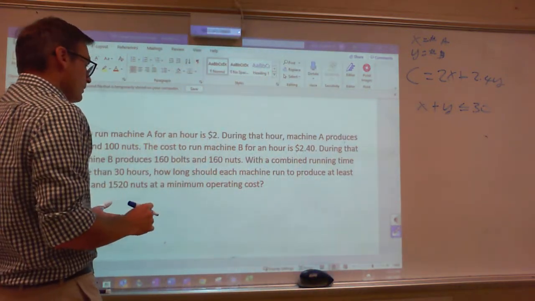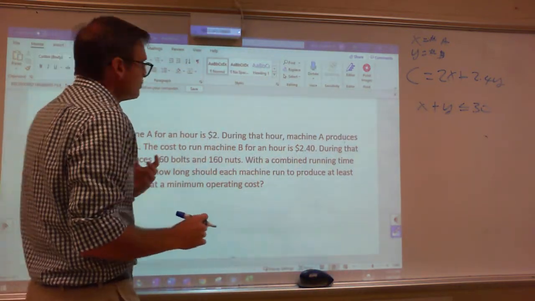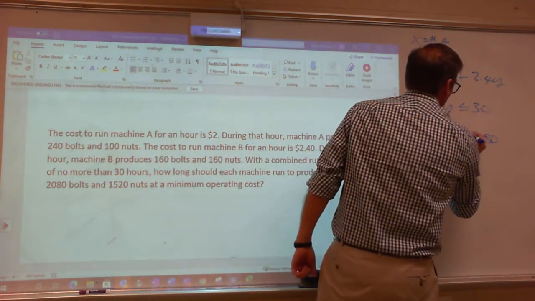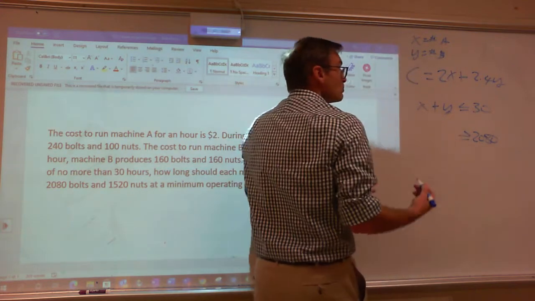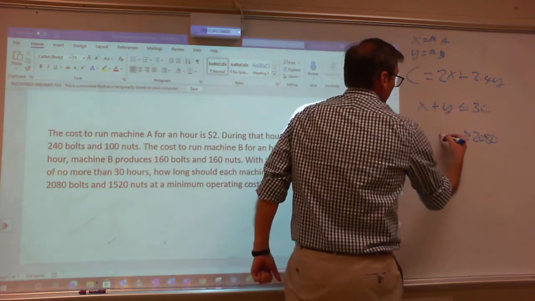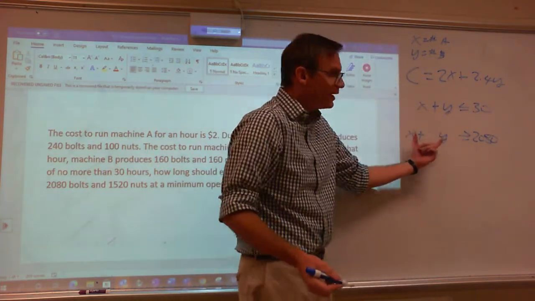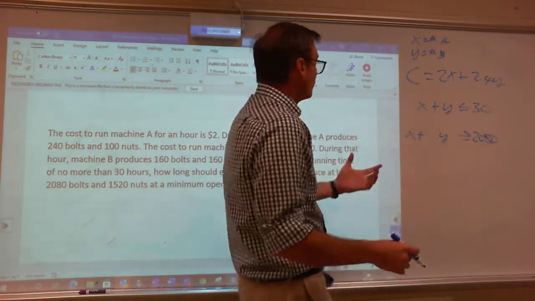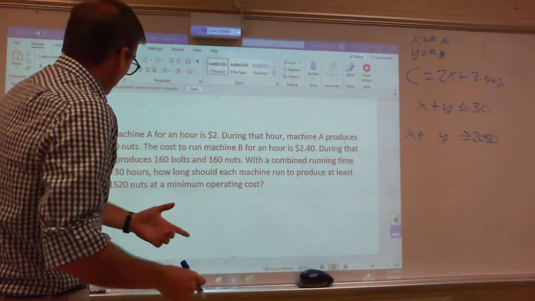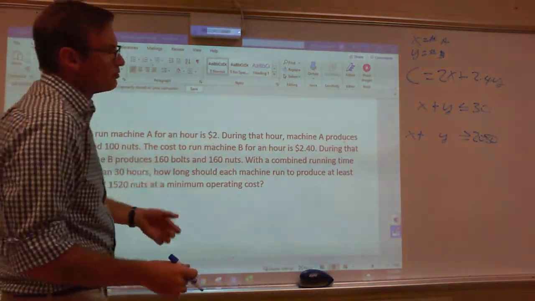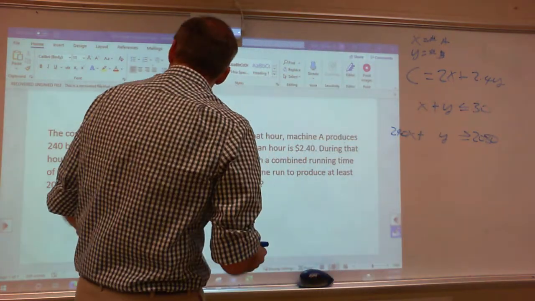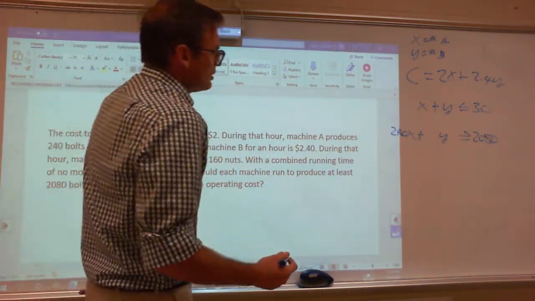I need to make at least 2080 bolts, so I'll put 2080. And since this is bolts, I'm going to have a combination of x and y, but x and y are hours, this is bolts. So to convert those, machine A produced 240 bolts, so there's 240 here, and machine B produced 160 bolts.